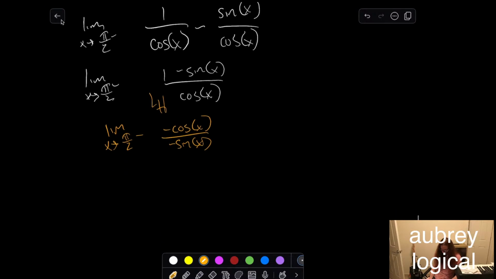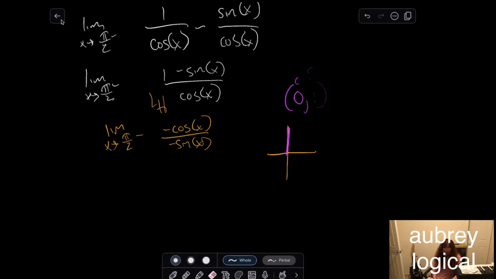Okay. So cosine of pi over 2. So pi over 2 is right here. This is cosine and sine. So cosine of pi over 2 is 0 over 1, which is not going to work.